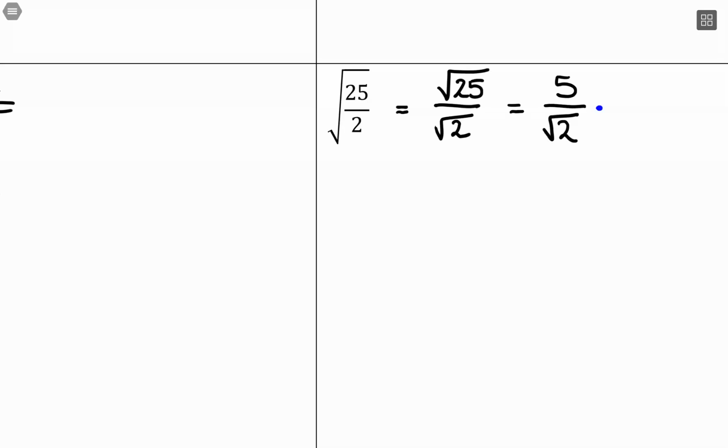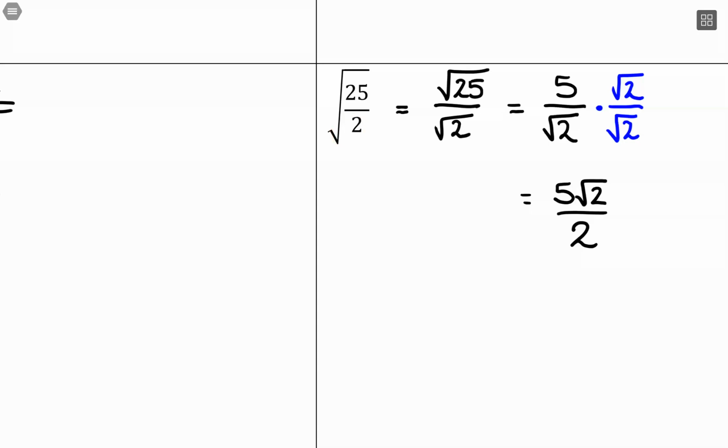And now let's go ahead and multiply by our unit fraction to get rid of that radical in the denominator using square root of 2 over square root of 2. So 5 times the square root of 2 over square root of 2 times square root of 2, which would just be 2.